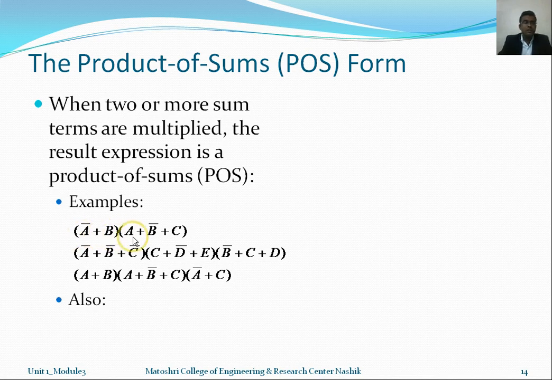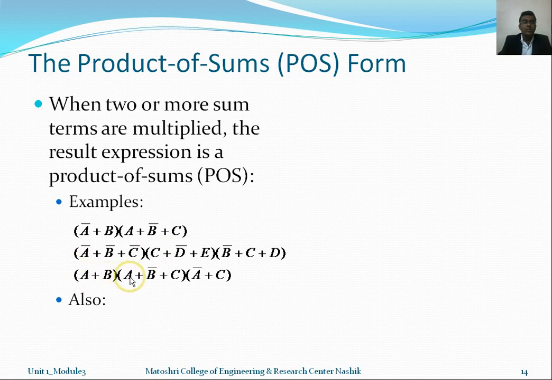The sum terms are available and we are taking the product of those two sum terms. In the second example, A bar, B bar plus C bar is the first bracket, the first sum term, the second bracket is the second sum term, and the third bracket is the third sum term, and we get the product form of these three sum terms.